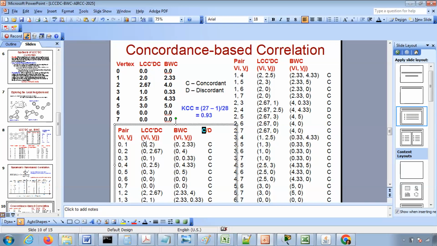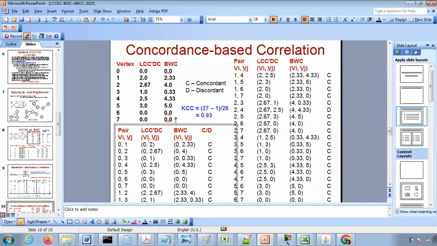And if it is less here, and it's also less here, then it's also concordant. On the other hand, if LCC prime DC of Vi is greater than that of Vj, but the betweenness of Vi is less than that of Vj, then we say the pair is discordant. So we want these two metrics for any two vertices to be concordant as much as possible.